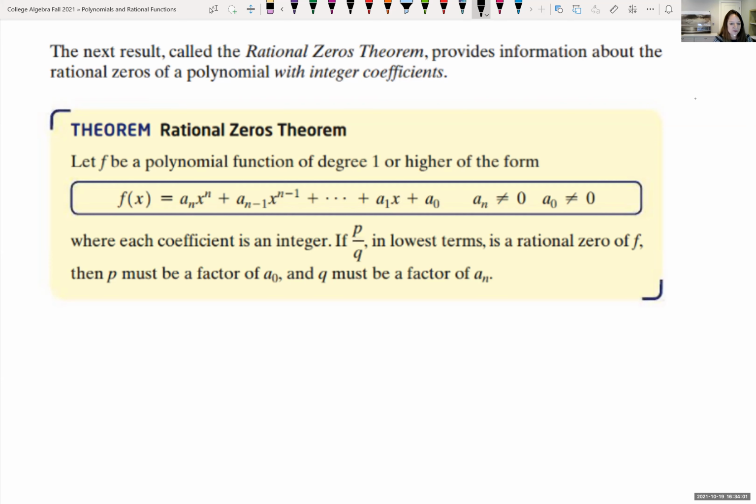So what we're doing, we're looking at p. P is factors of a sub 0.